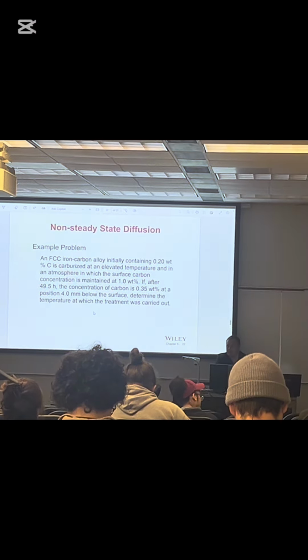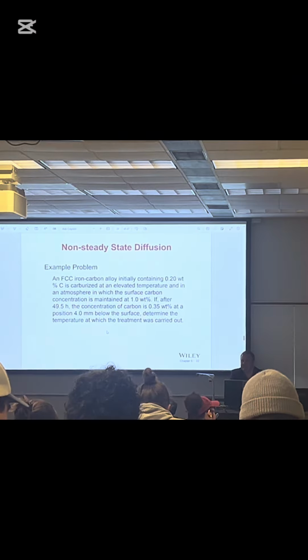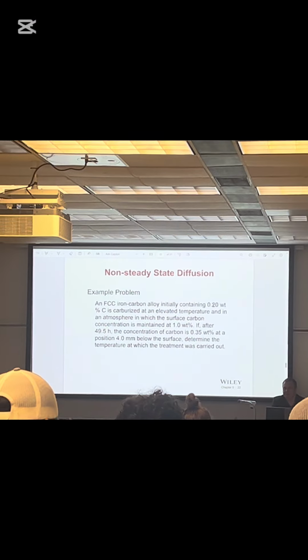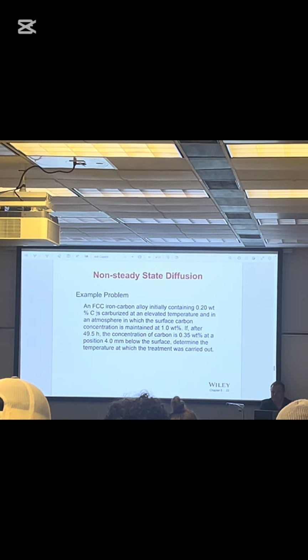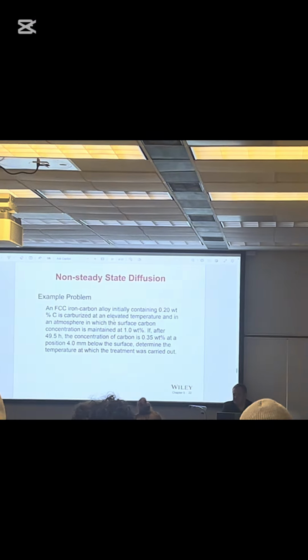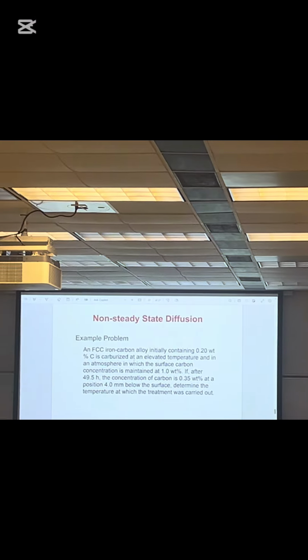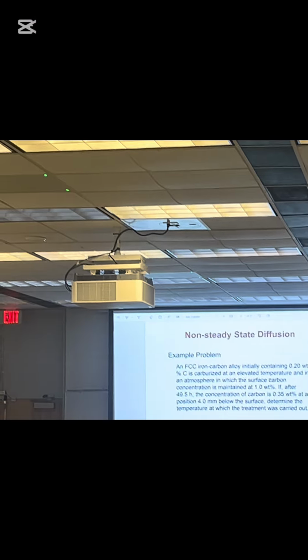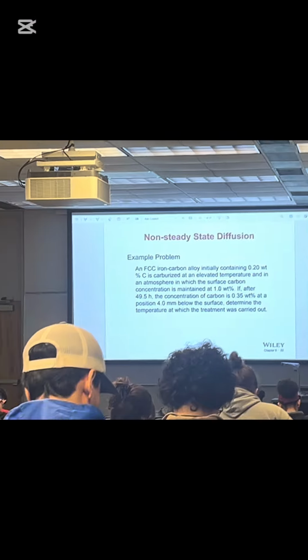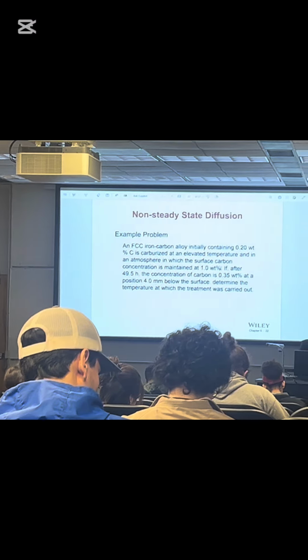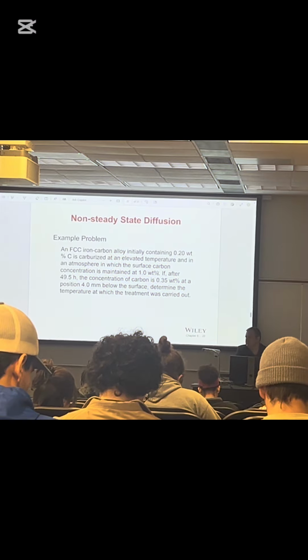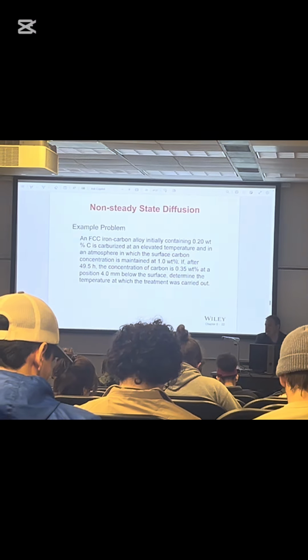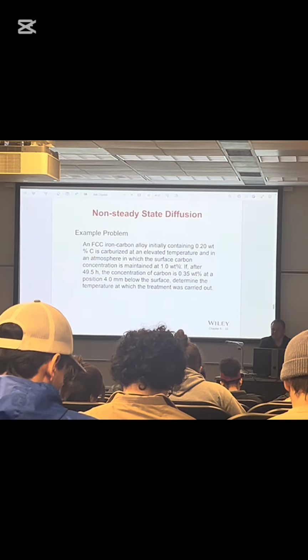An FCC iron-carbon alloy, which is called steel, initially had 0.2 weight % carbon. It's carburized at elevated temperature, in an atmosphere where the surface carbon concentration is maintained at 1 weight %. That was that here that I showed you with a darker layer on the surface.